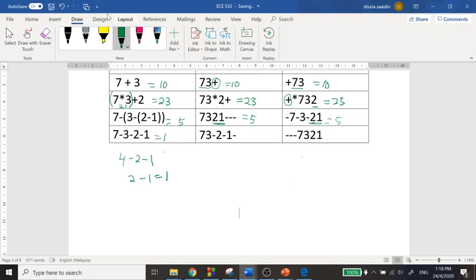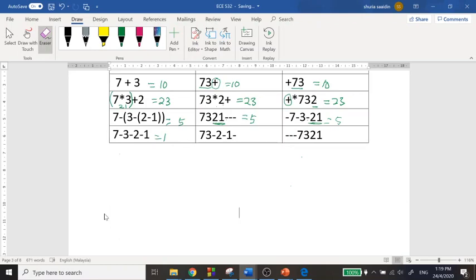So how do we do it in postfix? So the same one. Okay, I just repeat the algorithm. You have to scan from left to right. Scan until you reach an operator. So 7 is an operand, move to the next. 3 is an operand, move to the next.